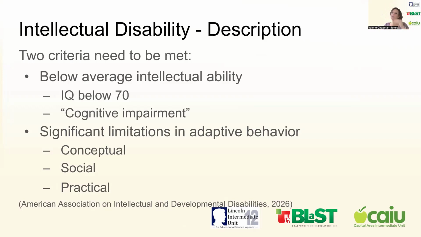But they need to meet that second criteria. It is not just about cognitive impairment. They must have significant limitations in adaptive behavior, which can include conceptual, social, and practical skills.